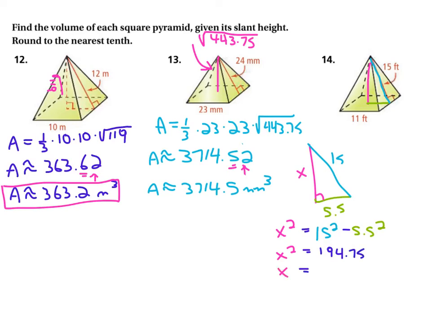So then x is equal to the square root of that, and we're going to keep that as an exact answer for now. x is equal to the square root of 194.75.